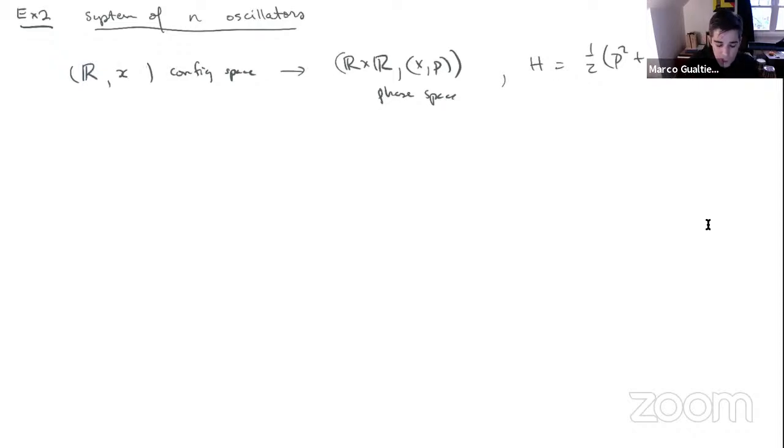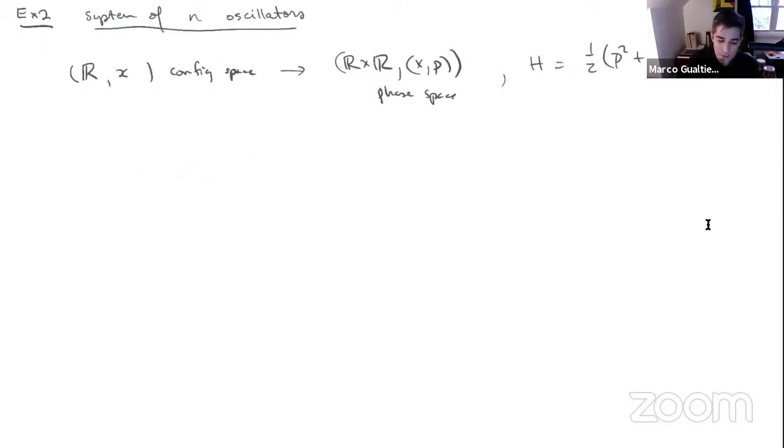But suppose that we want to consider now R to the n. So we can use this to produce an n-dimensional system of oscillators. The way that we do this is by saying that, sorry, I'm just trying to explain in a way that I'm going to be able to generalize later.